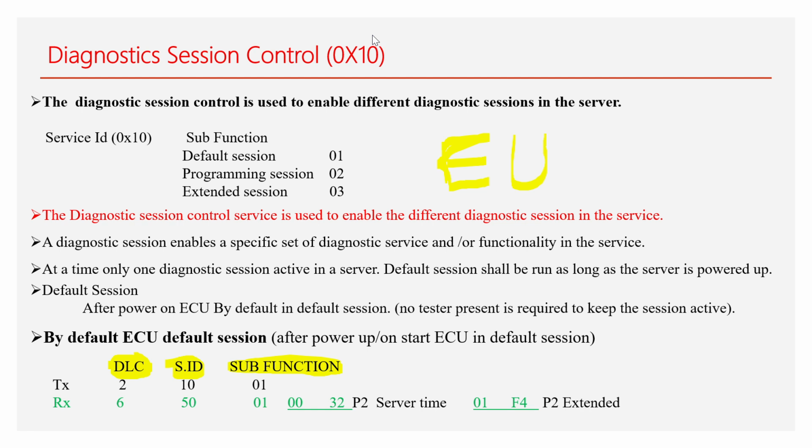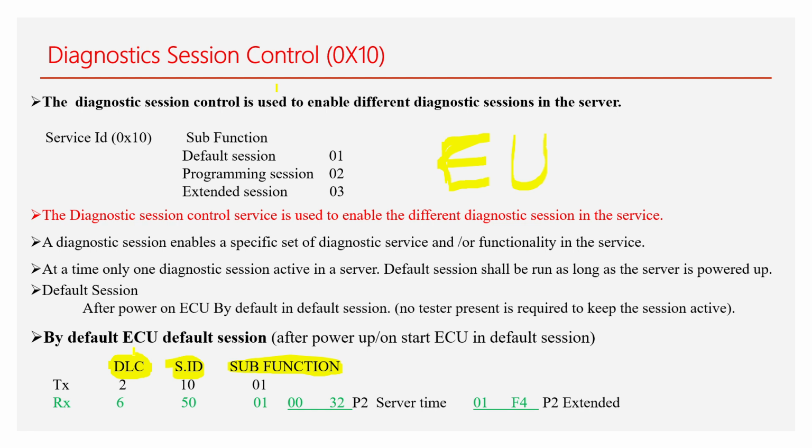So coming to here, what are the default message requests? In this message request, we have from the positive, what is the TX message we are giving, and what are the RX message we are getting. So I will say first one is DLC we need.